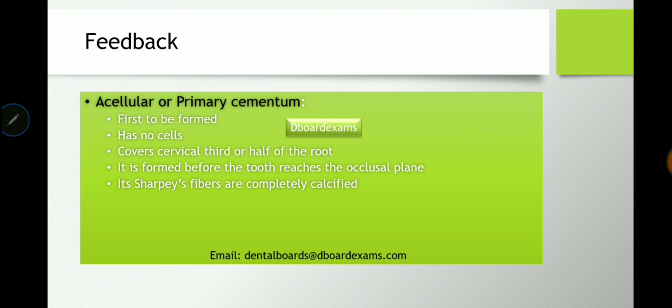It has no cells, hence the name acellular. It covers the cervical third or half of the root. It is formed before the tooth reaches the occlusal plane, and its Sharpey's fibers are completely calcified.